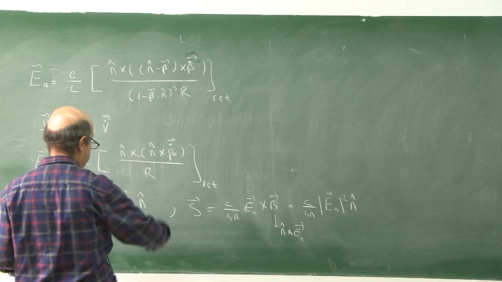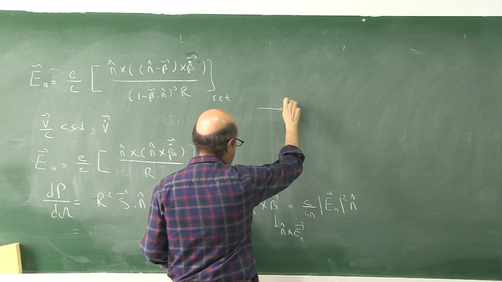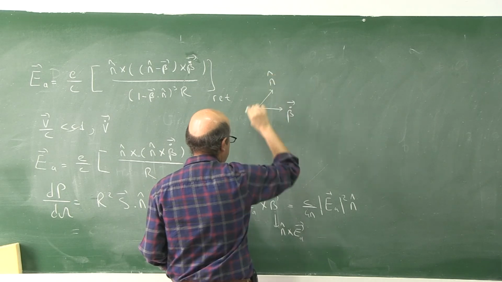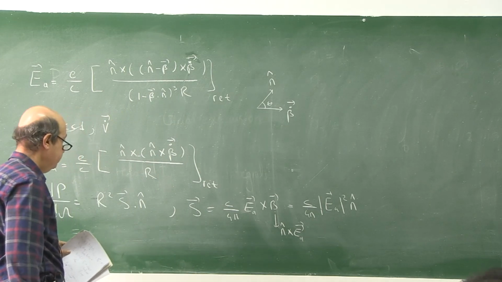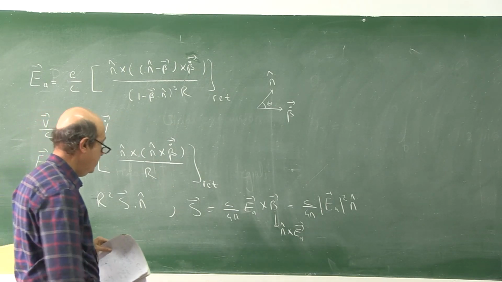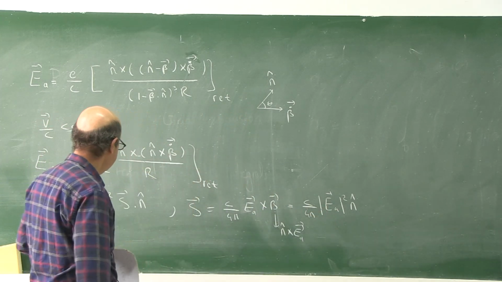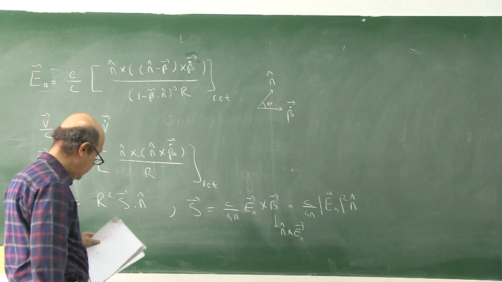Beta dot is the arbitrary acceleration, and n is our point of interest, making angle theta. If you take the magnitude squared of n cross beta dot, you will have beta dot squared sine squared theta.